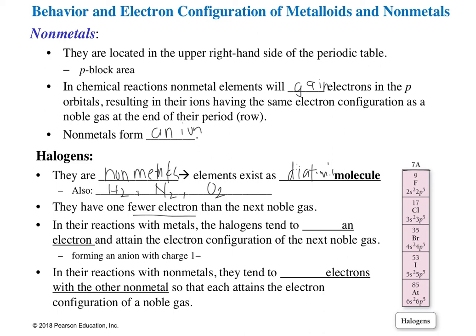Like I said, they have one fewer electron than their next noble gas, and so they tend to gain an electron to form a -1 charge. They can also react with other nonmetals to share electrons and form molecular compounds.